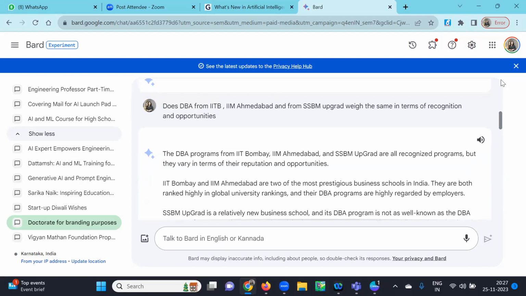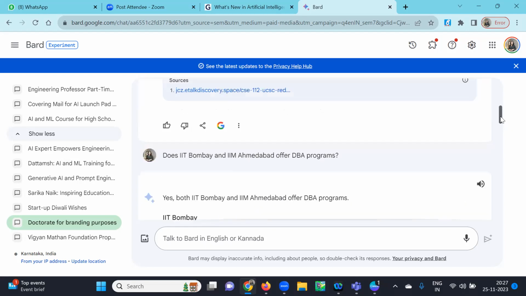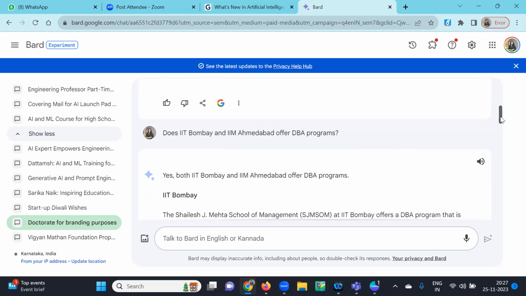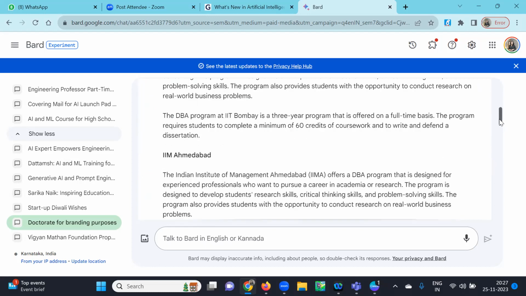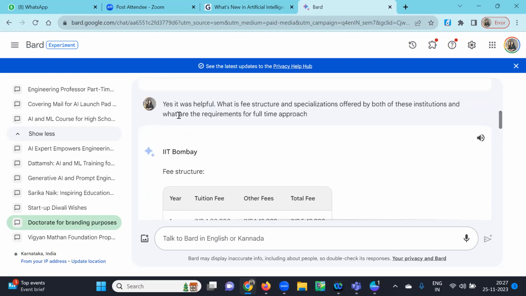Prompt engineering is a tool to leverage generative AI. If you can see, I was checking the fee structure for the DBA course. I am from Ahmedabad. So I asked, does IIT Bombay and IIM Ahmedabad offer DBA programs? Yes, both offer. Then it also gave so many options, the pros and cons. Then I asked, yes, it was helpful. What is the fee structure and specializations offered by both of these institutions? What are the requirements for a full-time approach?